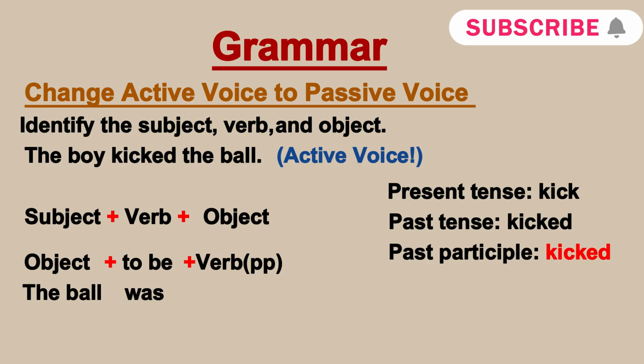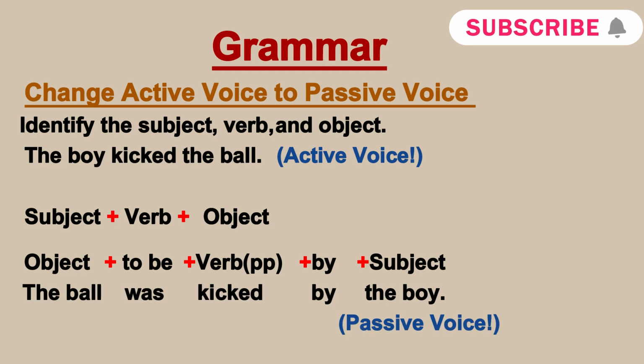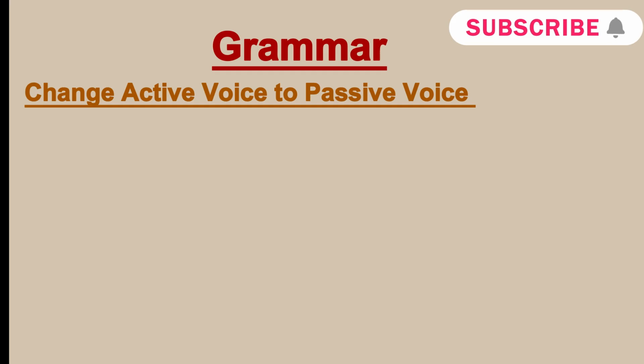Add the past participle form of the main verb. Kicked stays as kicked. Step 5. Add by and the original subject, the doer. Now the sentence is, the ball was kicked by the boy. That's the passive voice.